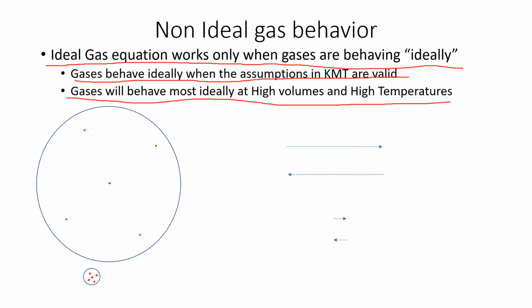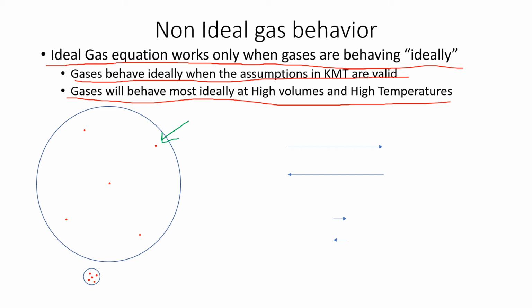Well, let's start with the volume part of it. Remember that one assumption that we made, that the volume of the particles themselves did not matter. The diagrams on the left kind of show that. So I have 5 particles in each diagram. At the top, I have a big volume. Here, compared to the volume of the big circle that they're in, the volume of these teeny tiny gas particles themselves is insignificant.